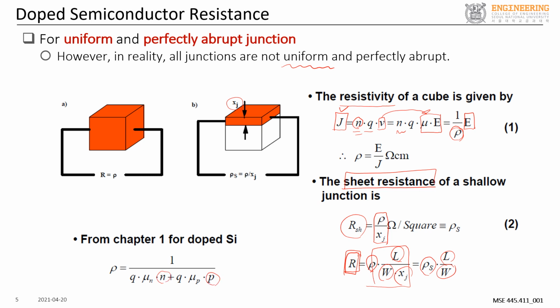Usually in doped silicon, one of them will be much larger than the other, so only one term remains, but this is the full equation, which we briefly discussed in chapter 1. So again, what if it's not uniform? That's on the next slide.